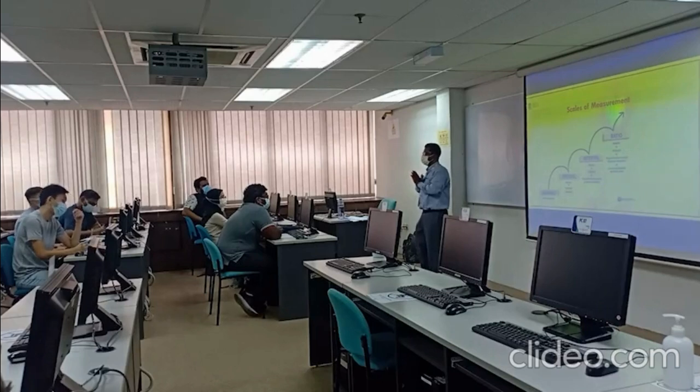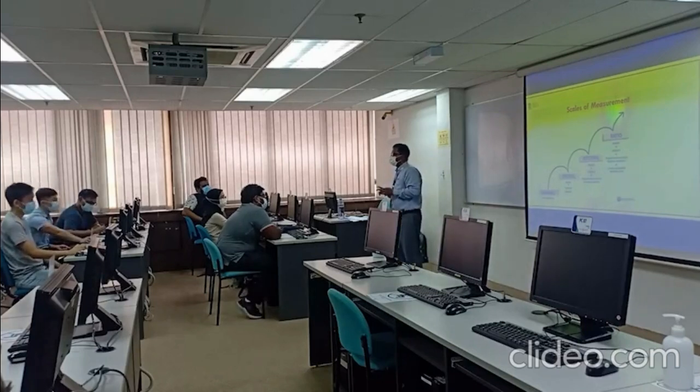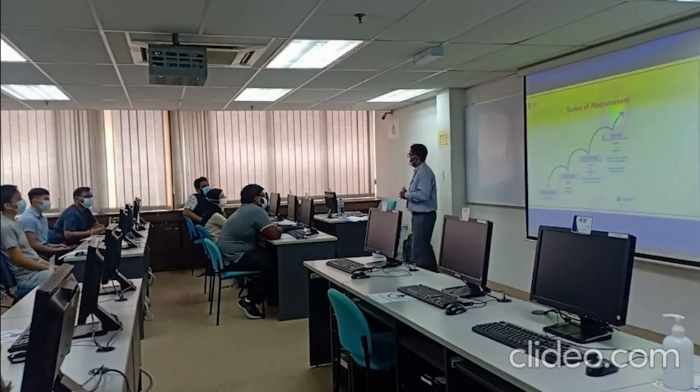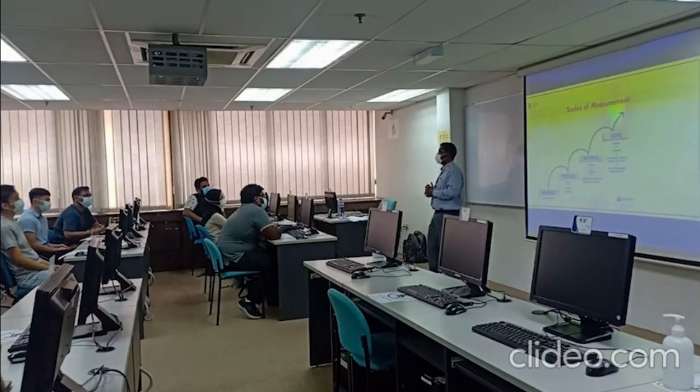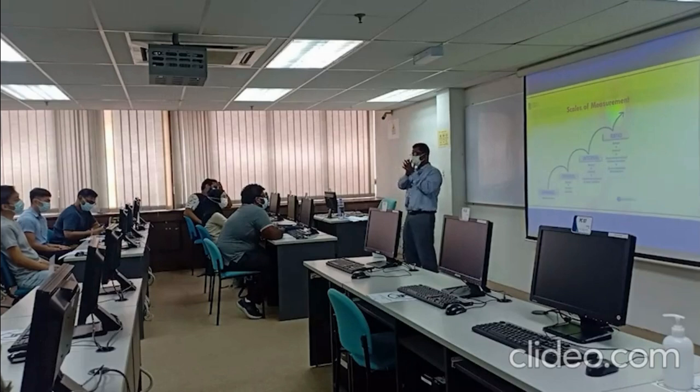But with temperature, you cannot say that today's temperature is double the temperature of last week. Can you say that? Why is it not possible? We don't have a scale. Yeah, we don't have a zero value. Understood? We cannot say that 0 degrees Celsius is absolute zero.